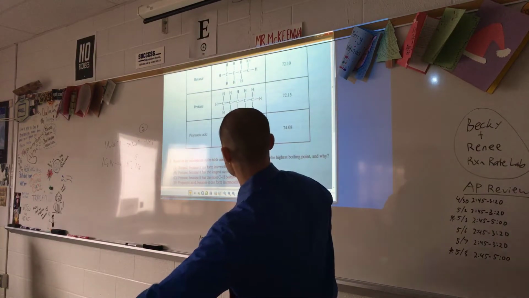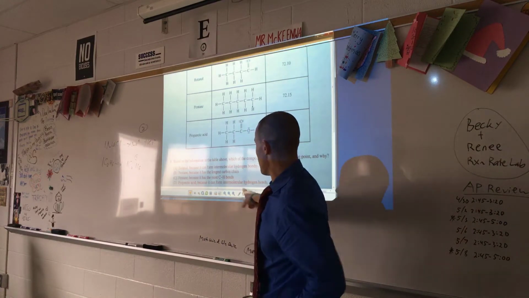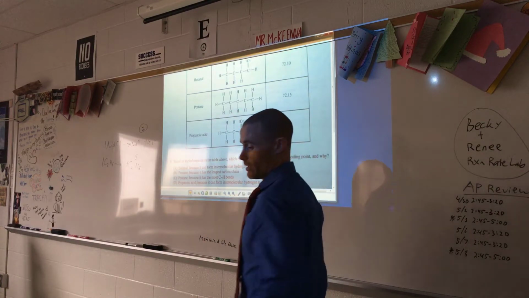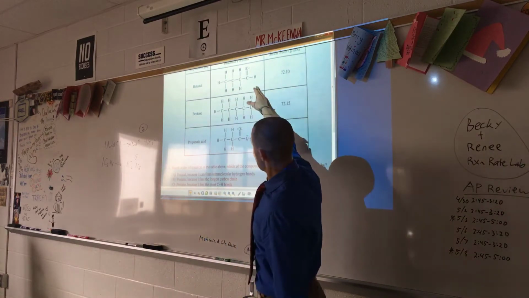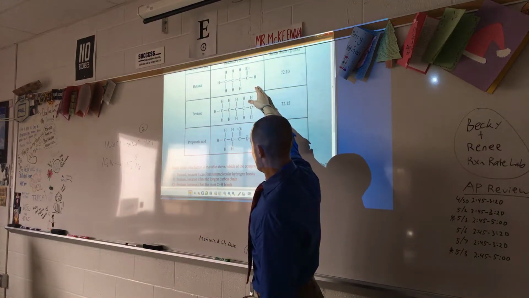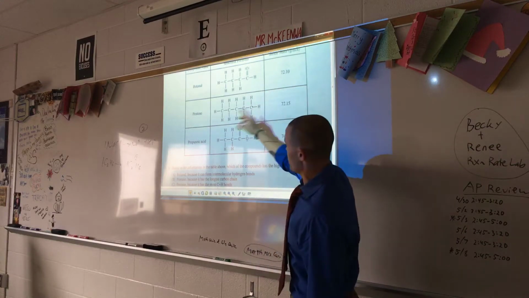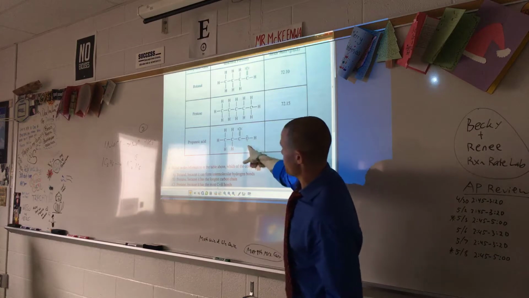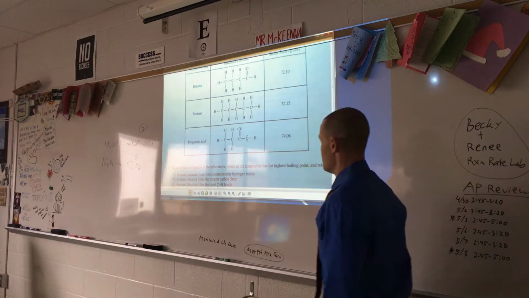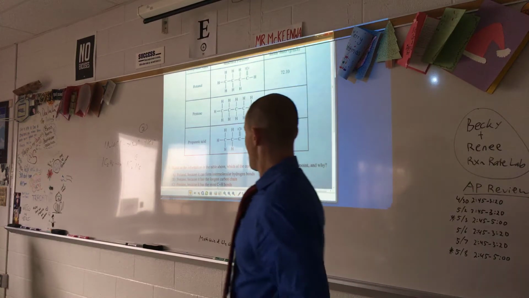And D says propanoic acid because it can form intermolecular hydrogen bonds. So, is it butanol because it can do hydrogen bonding? Is it pentane because it's long? Is it pentane because it has more CH bonds? Or is it propanoic acid because it has hydrogen bonding? That's basically the four options.